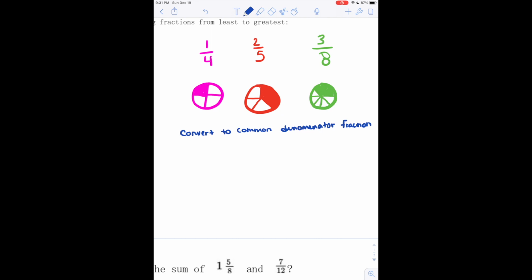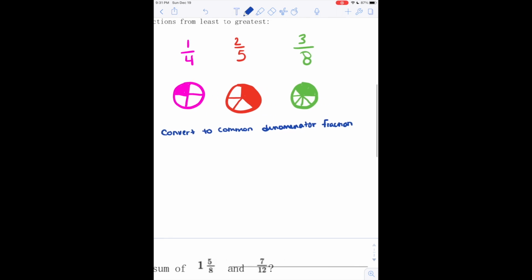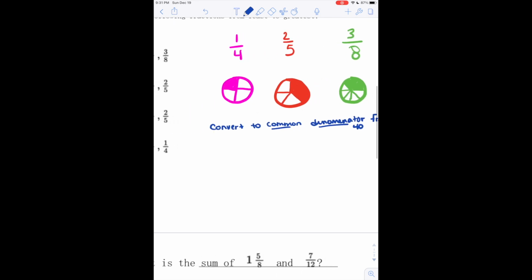So we need to find a number that goes into 4, 5, and 8. So I can tell you right off the bat that that is going to be 40 because 4 goes into 40 10 times, 5 goes into 40 8 times, and 8 goes into 40 5 times. So let's convert these all to the fractions with a common denominator.